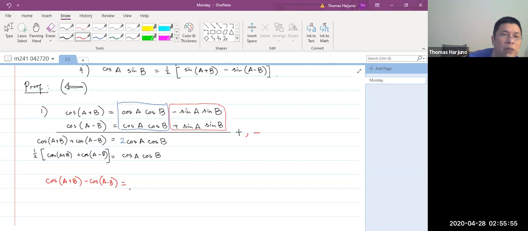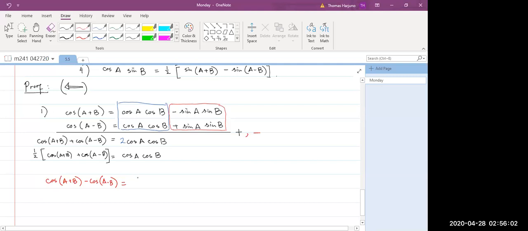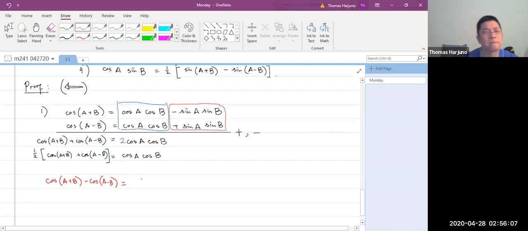What happened with the red box? Do they cancel out too or no? No, we are not adding. We are subtracting. So you will get negative blah minus blah. Right? That will be negative 2 of sine A sine B. Okay, and finally, I divide by negative 2.